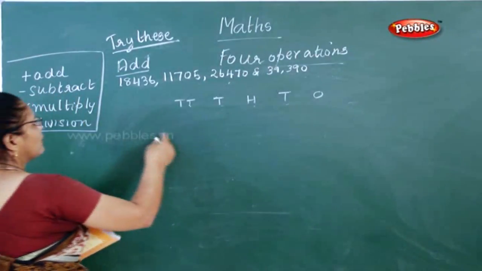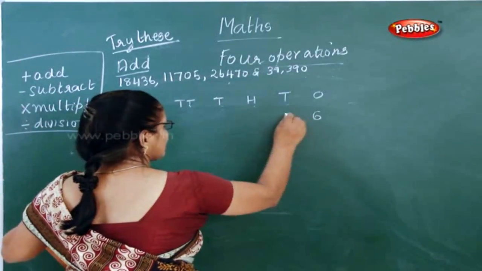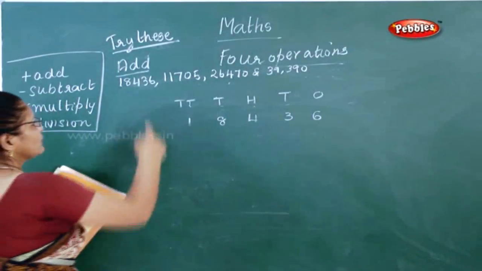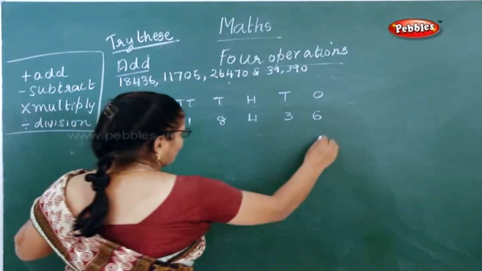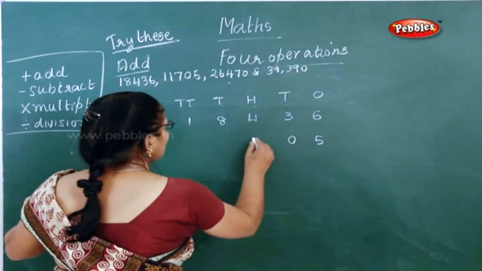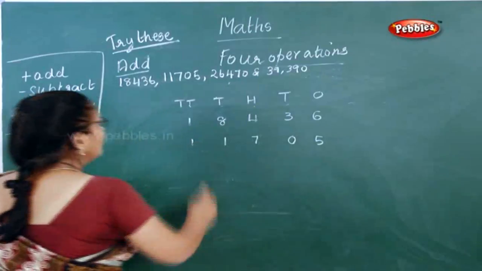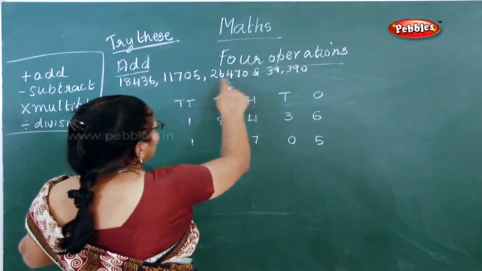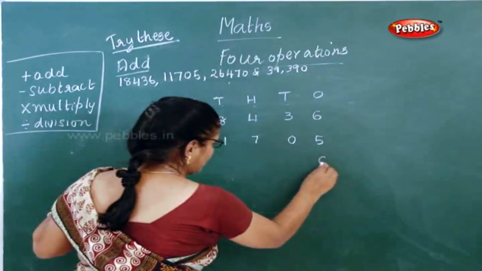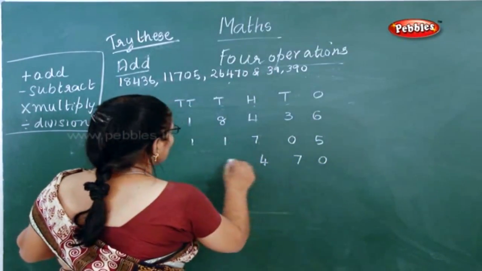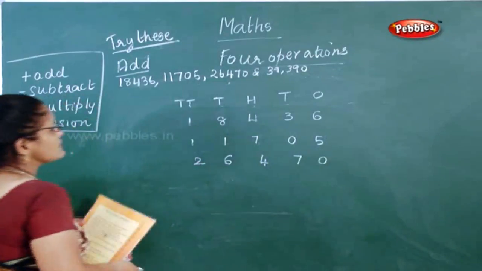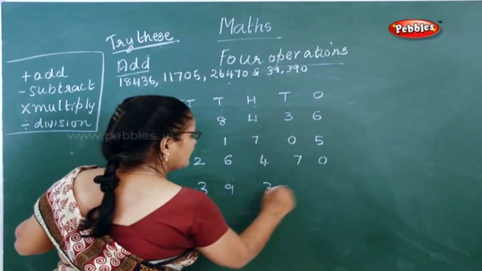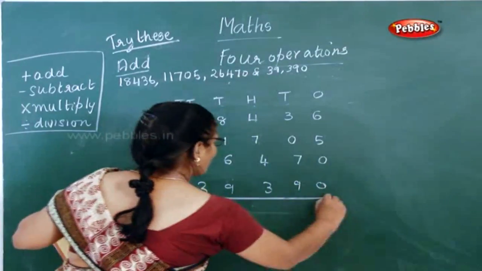You start from the last digit of the first number, 6, 3, 4, 8, 1. The next one is 11,705, so 5, 0, 7, 1 and 1. The next number is 26,470, so 0, 7, 4, 6 and 2. Now the next one, 39,390.